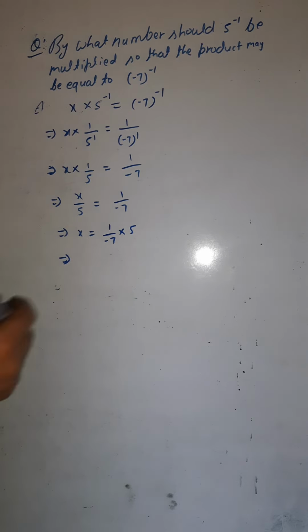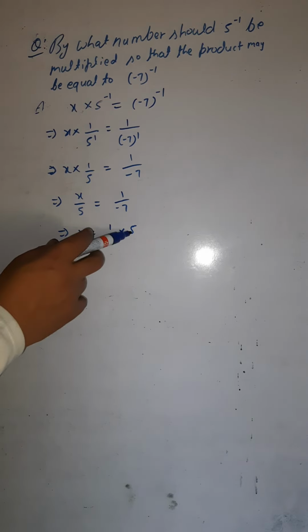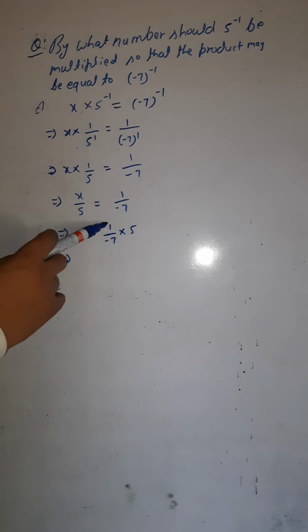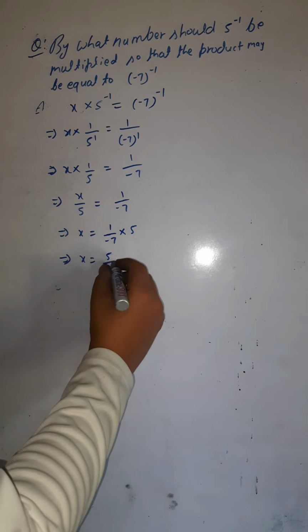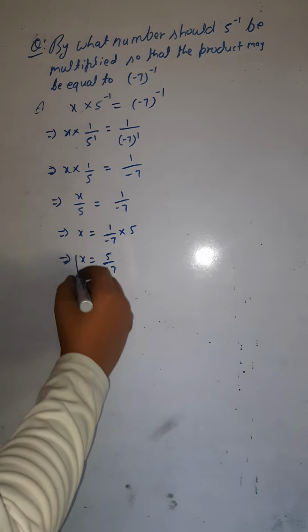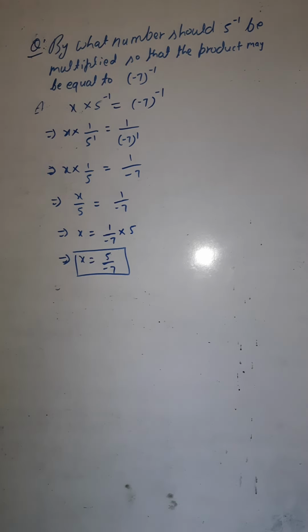Are you getting this? So the answer would be, this 5 has been multiplied, 5 into 1 is 5, divided by minus 7. So 5 by minus 7 would be the answer of this question. Okay, just note it down.